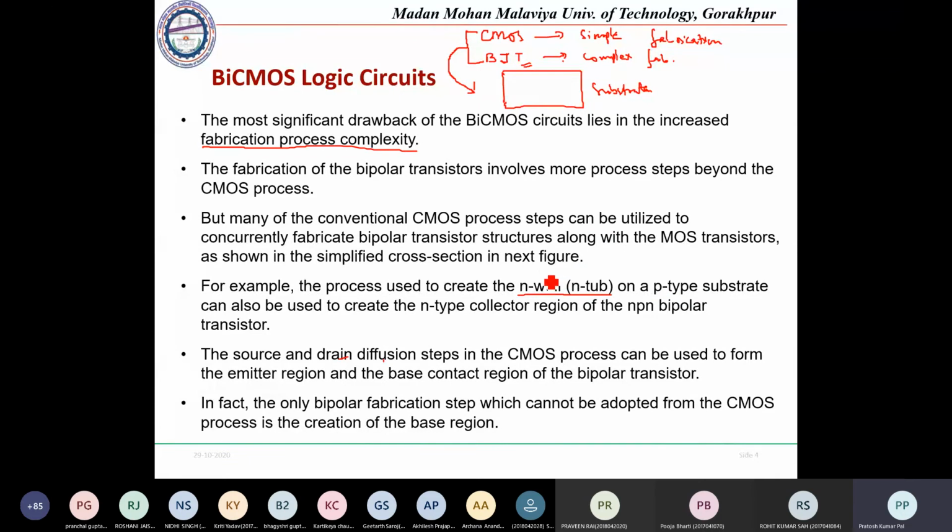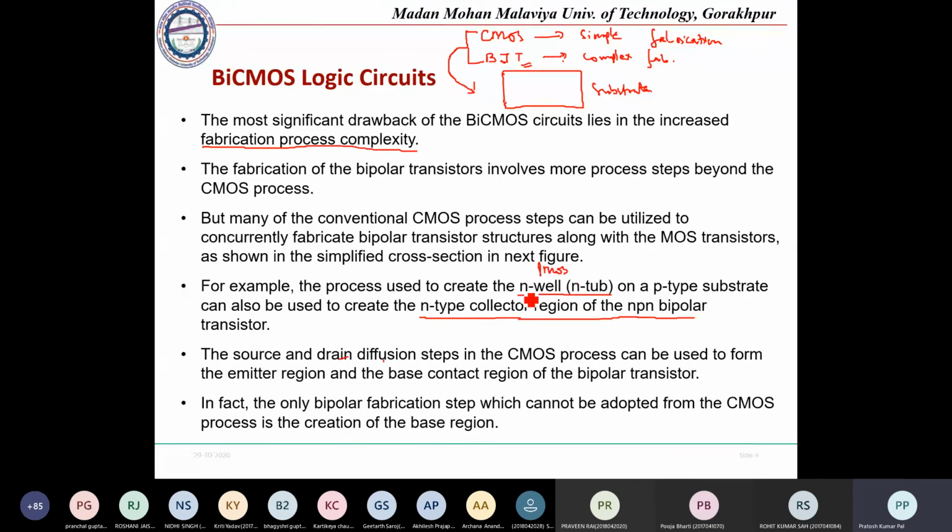For PMOS creation, we generally use the NVEL structure on a p-type substrate to design this PMOS. But similarly, the same NVEL structure can be used to create the N-type collector region of an NPN bipolar transistor.